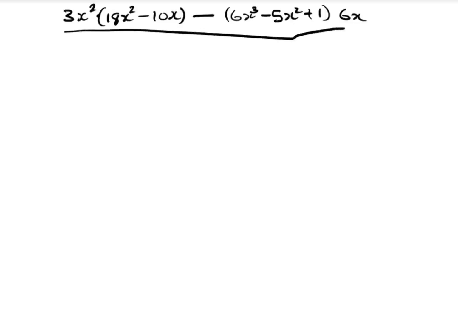This is divided by v squared, which is 3x squared all squared.